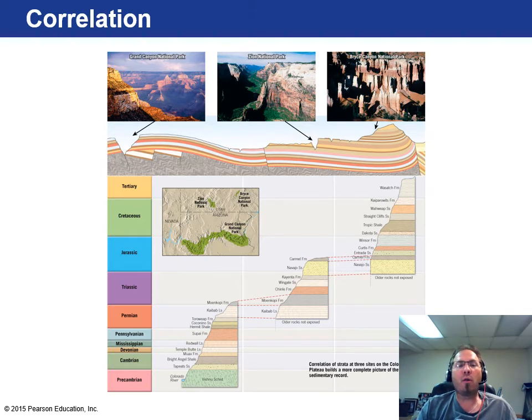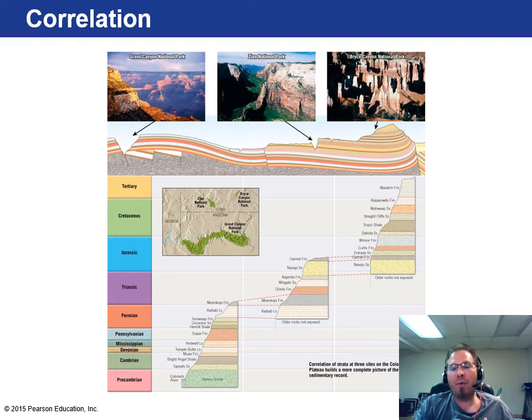So if we look at the correlation here, and I'm going to look over at my other screen so I can see this. Here are three national parks: Grand Canyon, Zion National Park, and Bryce Canyon. Now they're all within a short geographical distance from each other.